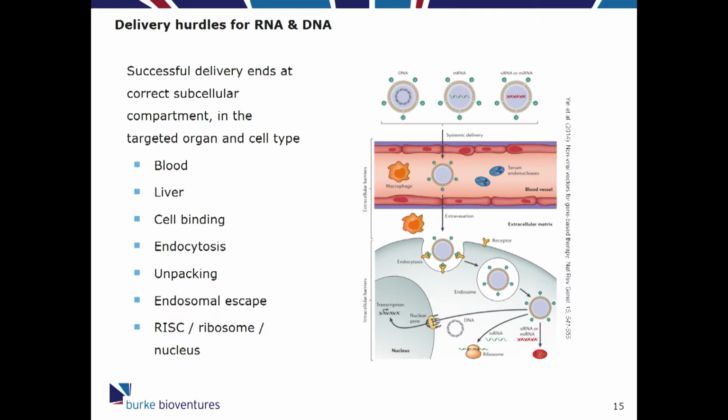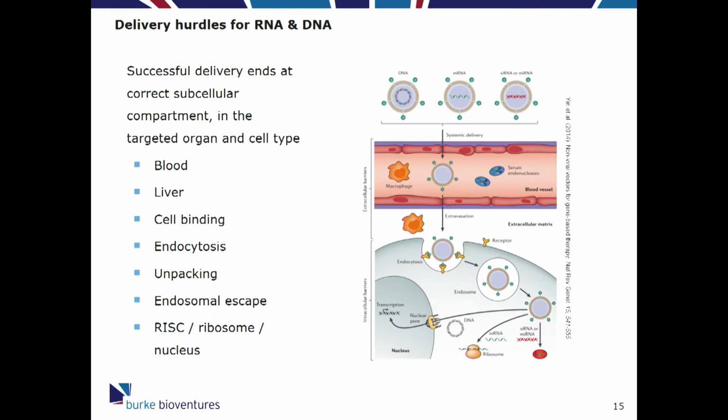If you dig into the details, this is from a review that came from Dan Anderson's group. I think we're hearing from Dan tomorrow or the day after. If you look at a fancier delivery system for a larger cargo, there's a lot that has to happen. So the cargo has to make it through blood to the target organ. Liver is like the easiest target organ to pick, so we'll pick that one.